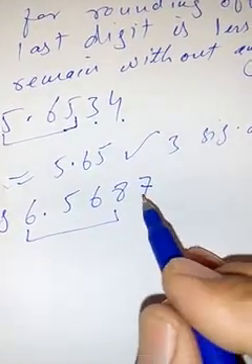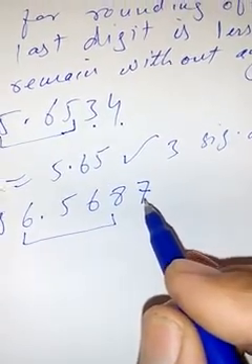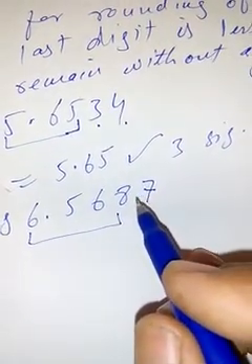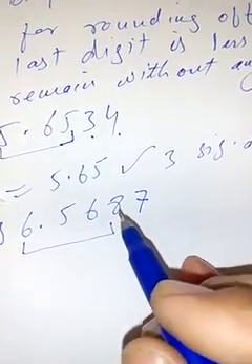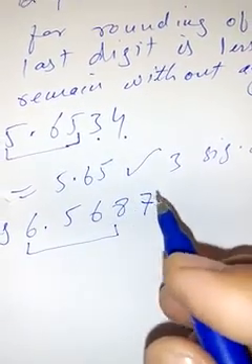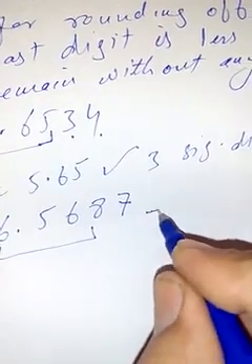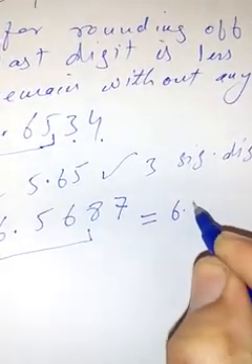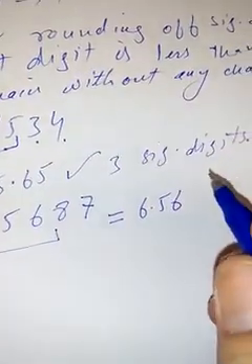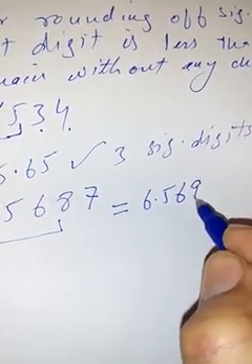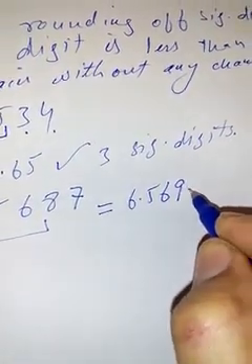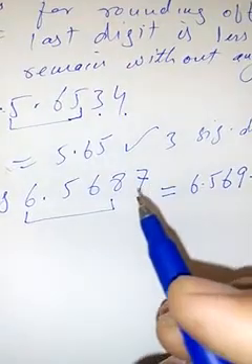In this case the last digit is 7, which is greater than 5, so the last retained digit, which is 8, will be increased by 1 and the last digit 7 will be dropped. It can be written as 6.56, where this becomes 9 and the 7 is dropped.